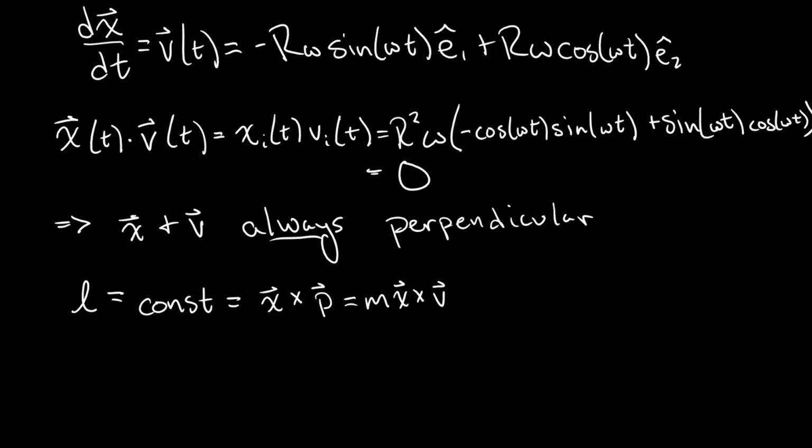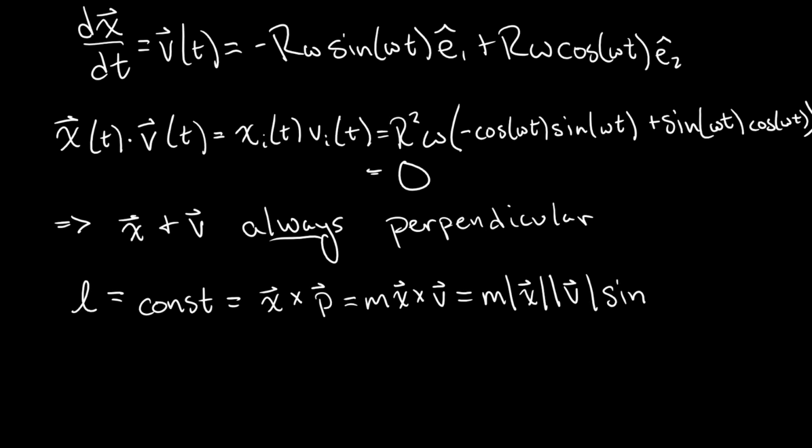But when we found these cross products, we found that this is going to be equal to m times the magnitude of x times the magnitude of v times the sine of the angle between the two.